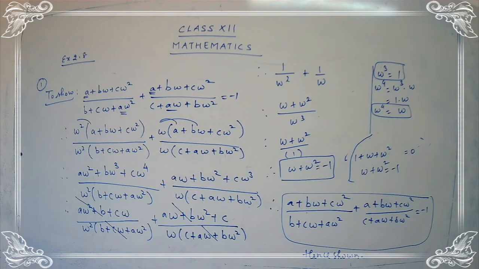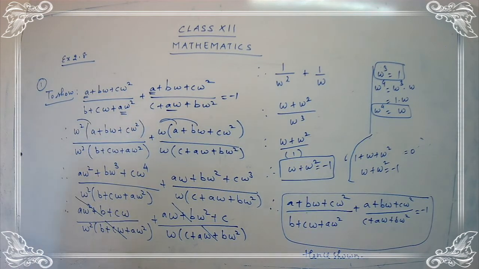Okay children, now let's go for the second sum. Take the second question. Show that (root 3 upon 2 plus i upon 2) the whole raised to 5 plus (root 3 upon 2 minus i upon 2) the whole raised to 5 is equal to minus root 3. So you have two complex numbers with different signs. The first part is with the plus sign and the second part is with the minus sign, and you have the same real part and the same imaginary part.